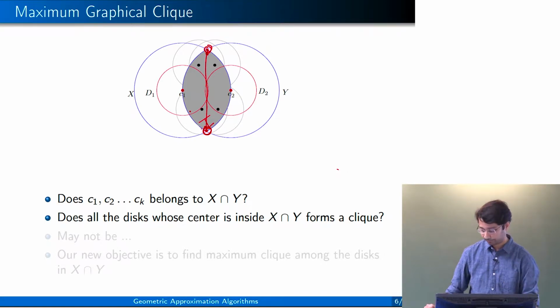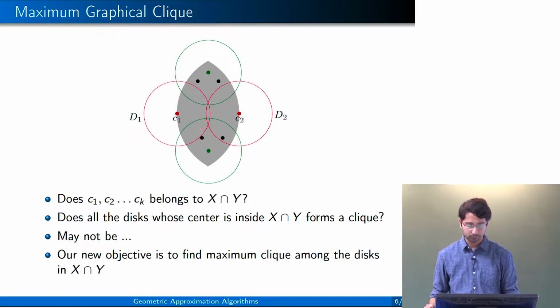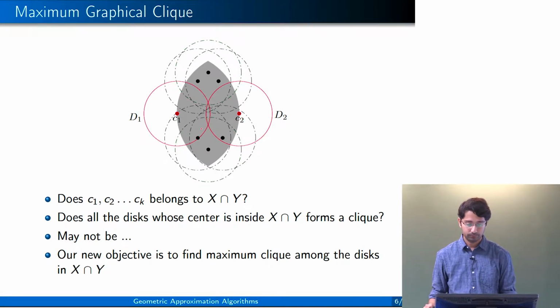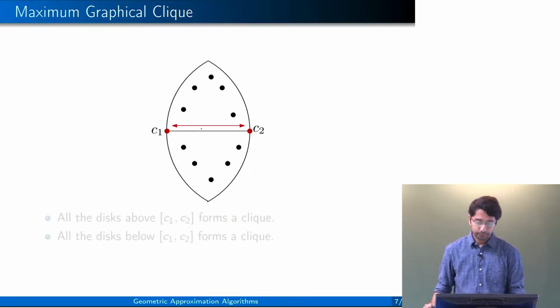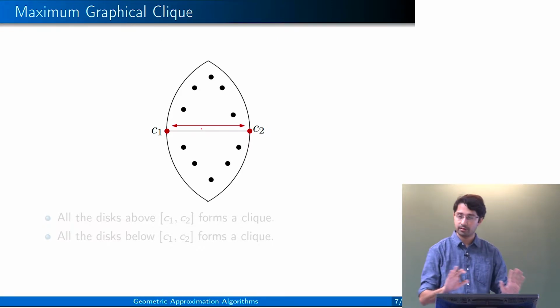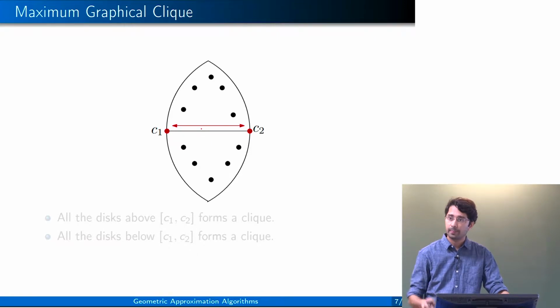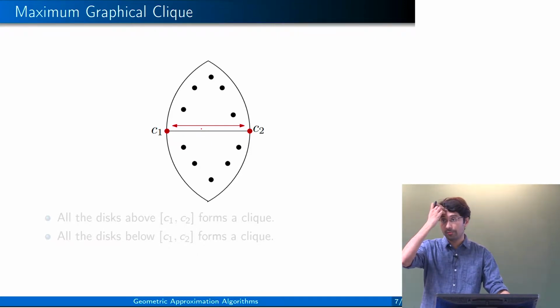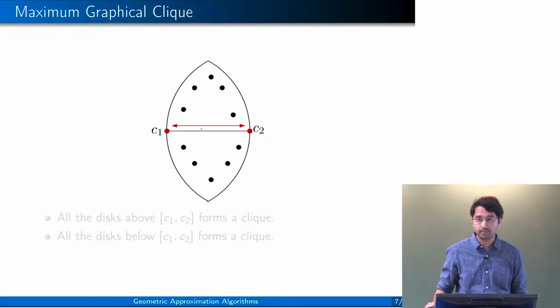Let us see. Okay. So, suppose this is the intersection region and there are a lot of centers as shown in the figure, and our objective is to find the maximum clique among those disks.